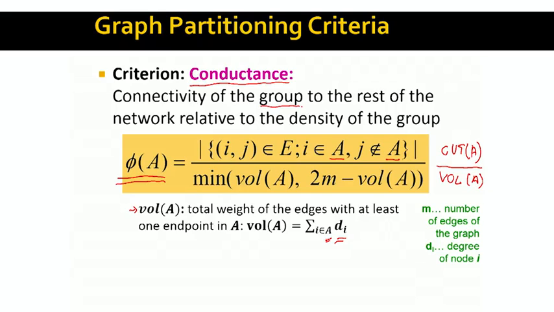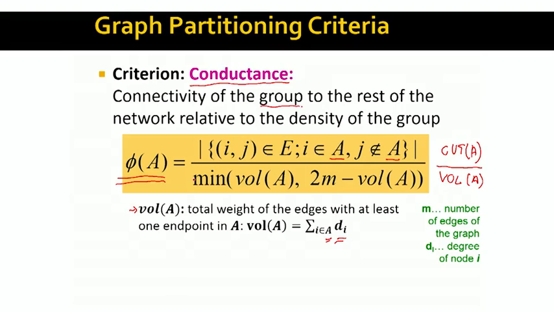So intuitively, what we are doing is we are taking the number of edges that point outside the cluster, this is the cut, and then we divide this by the number of edges that are inside the cluster plus the edges that point outside, right? And the lower this ratio, the lower the phi, the better the cluster we have found.